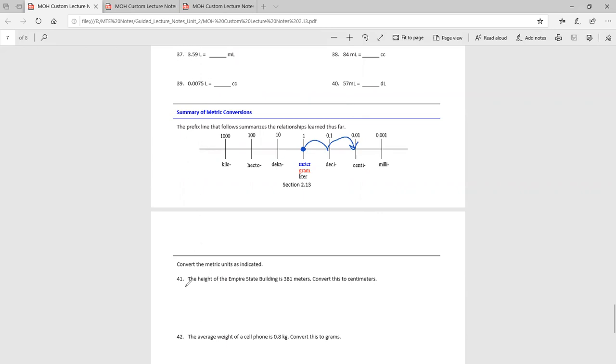We write our 381 and give it a decimal, which is behind the 1 since we didn't see it originally. We take that decimal and move it right once, twice, which means we'll need filler zeros. That makes this 38,100. And we are now in centimeters.